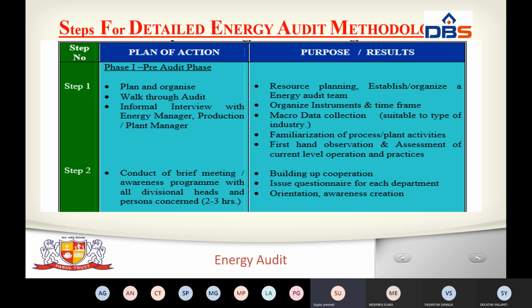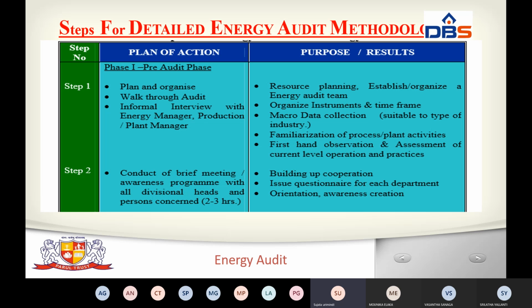So in phase 1, this is how the detailed energy audit methodology follows the steps. When you observe this, there is the plan of action, purpose and results. In phase 1, the pre-audit phase, step 1 is plans and organization, walkthrough audit, and informal interviews with the energy manager and production management.